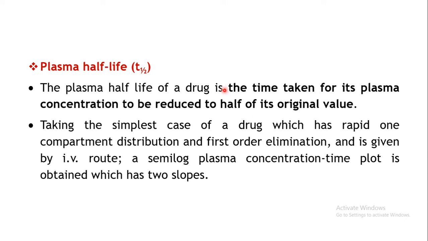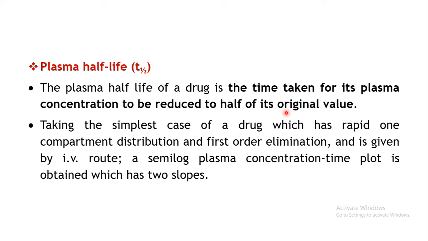Then the next concept is plasma half-life, or the t half-life of a particular drug. Okay, now let us see how plasma half-life can be defined. The plasma half-life of a drug is the time taken for its plasma concentration to reduce to half of its original value.